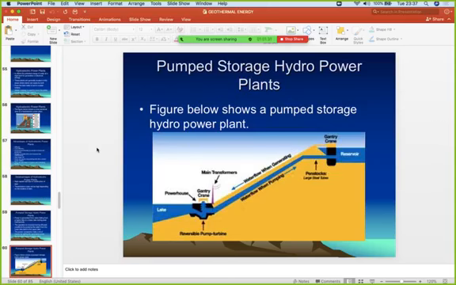This is now a good example showing a pumped storage hydro plant. We have here the reverse pump. After off-peak, the level here tends to drop, so you need to pump.